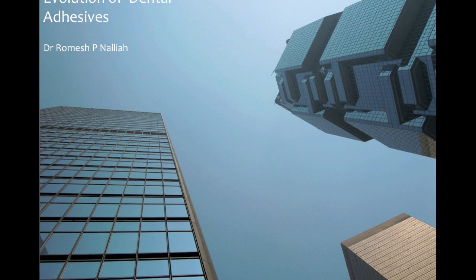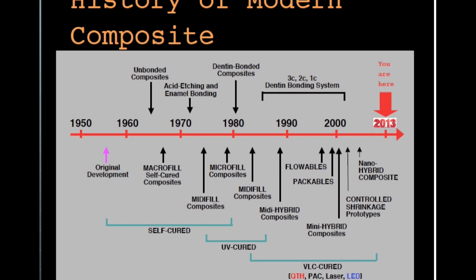Folks, I'd like to switch gears a little bit and talk about the evolution of dental adhesives and dental bonding. Okay, folks, if you look at this slide, you can see some of the things we've already talked about today. First of all, you'll see the progression from self-cured to visible light cured.